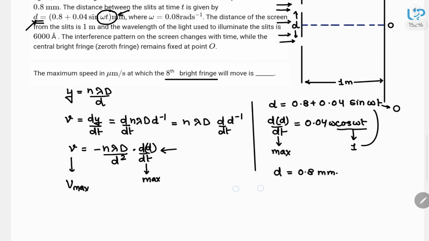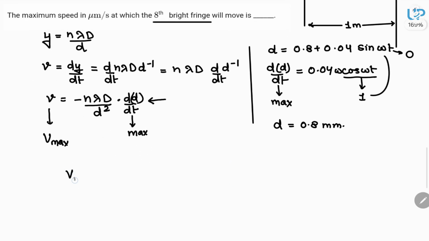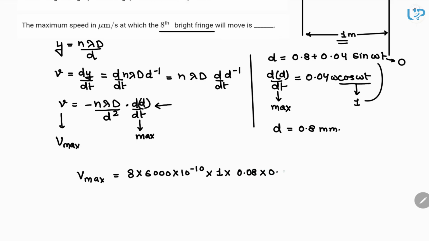So what we will have finally as V maximum: n is equal to 8 for the 8th bright fringe, lambda is equal to 6000 into 10 raised to power minus 10 because it is in angstrom, into capital D. Capital D is 1 meter, so we can write 1 into d by dt. d by dt is 0.08 into 0.04.